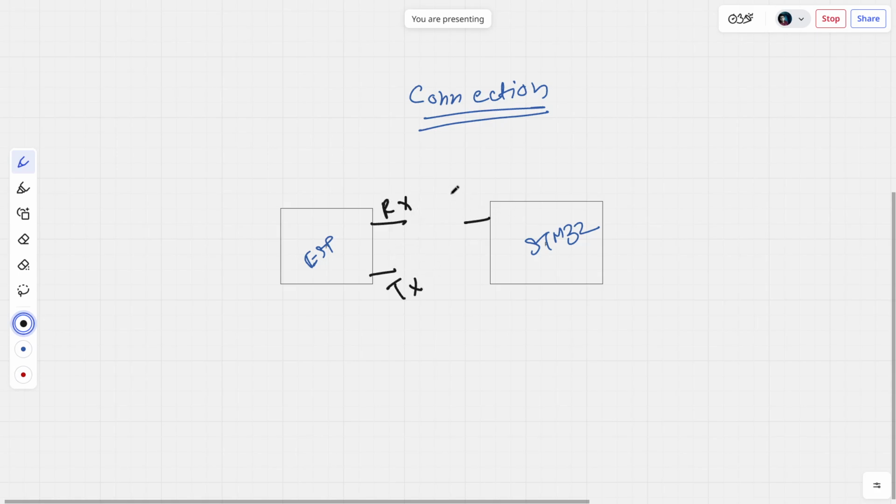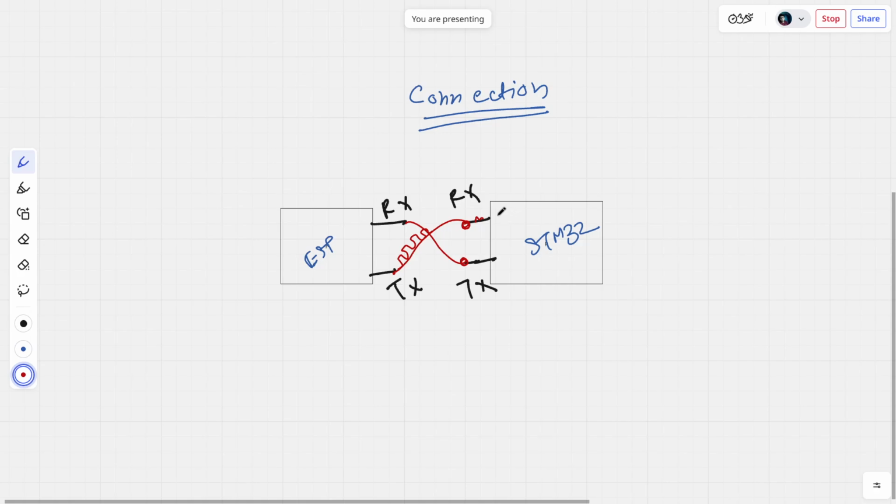And the main thing: the TX of the first device shall be connected to the RX of the second, and the RX of the first should be connected to the TX of the second. Why so? Because in UART communication you transmit data over the TX pin and you receive data over the RX pin. So the TX pin will transmit data and the receiver will receive data over the RX pin.